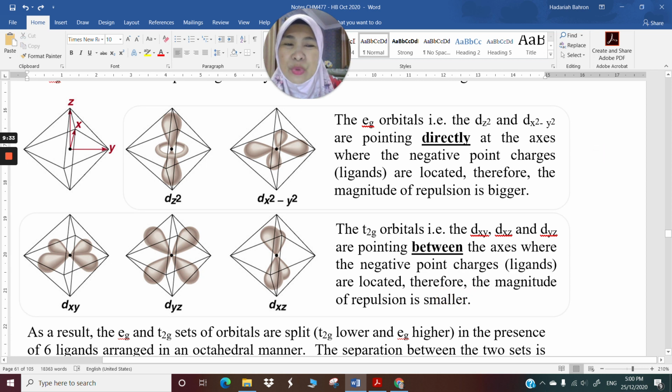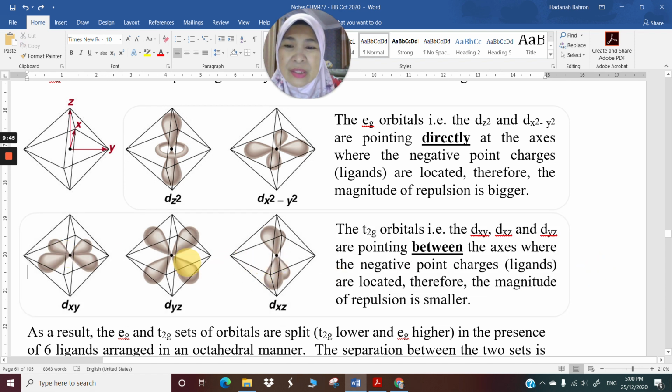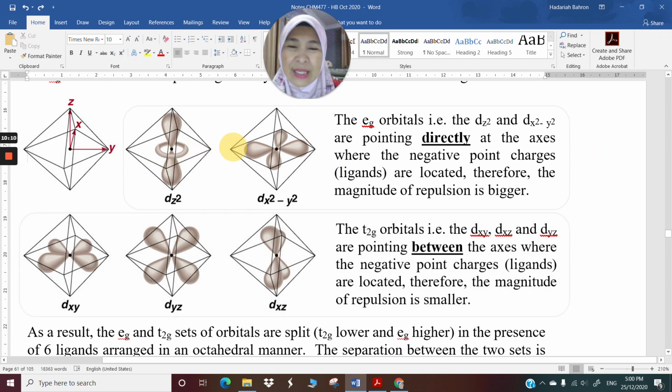And these two, in terms of collective name, they are termed the EG orbitals, and these three are termed the T2G orbitals. The T2G and the EG names are given because of the quantum mechanics that are applied when calculating these things. Just accept for now that these three as a group are called the T2G orbitals, and these two as a group are called the EG orbitals.